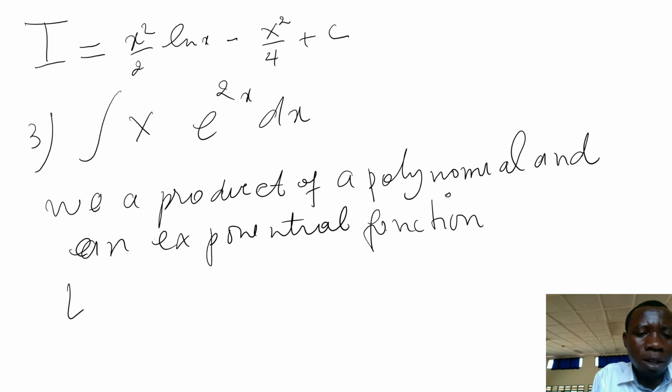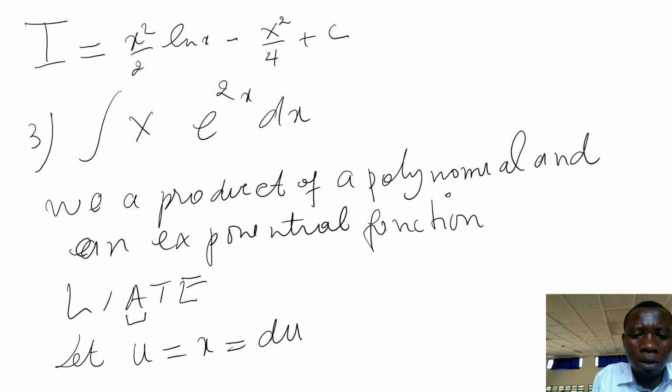So, in react, algebraic comes before exponential, which means that u will be this polynomial function and dv will be this exponential.